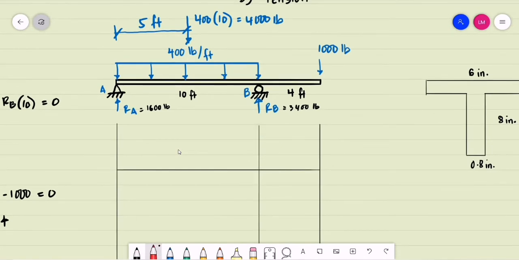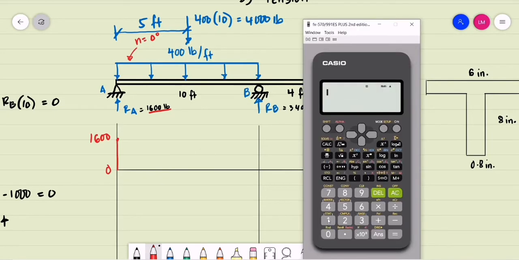For the shear diagram, starting on the left end at 0, at A we have a support reaction of 1,600 upward. So from 0, we go up to a value of, let's say, 1,600. Take note that the load for span AB is a zero degree load, which means our shear diagram should be first degree. We do the summation: the reaction at A, 1,600, minus the single equivalent force of the uniformly distributed load, 4,000.